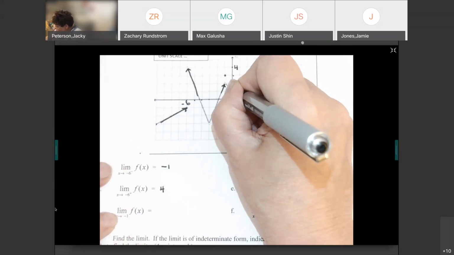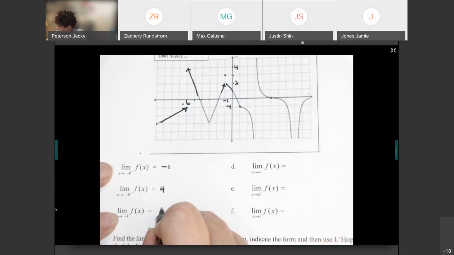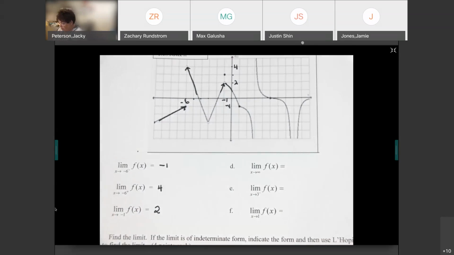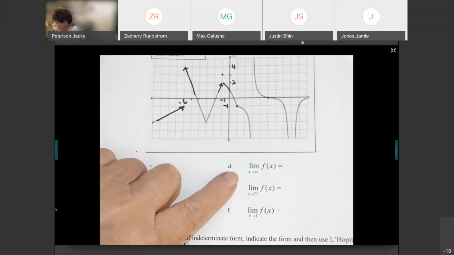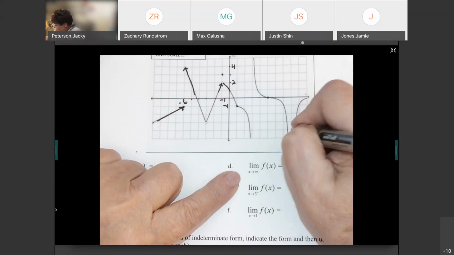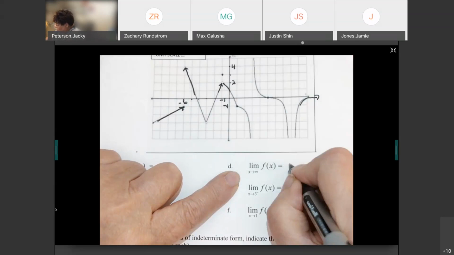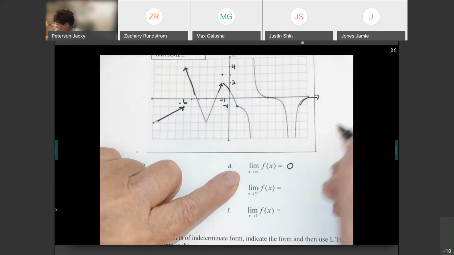Coming in from the right, I stop at 2. And notice I'm actually marking on the graph. To infinity, I'm following the graph as it goes out, and it looks like it's going to be a horizontal asymptote, so it's 0.